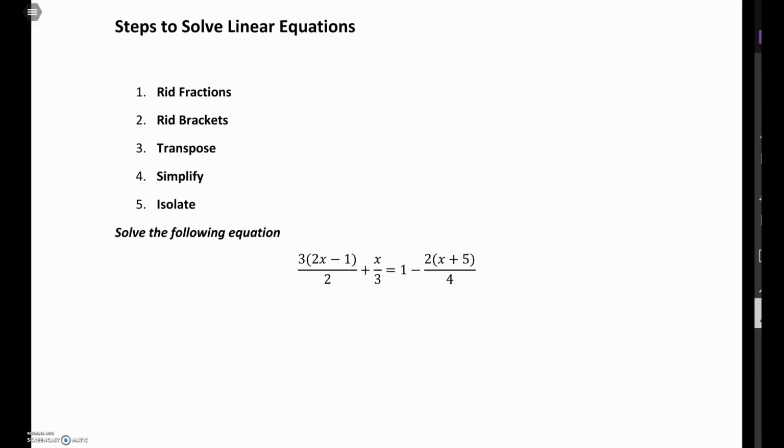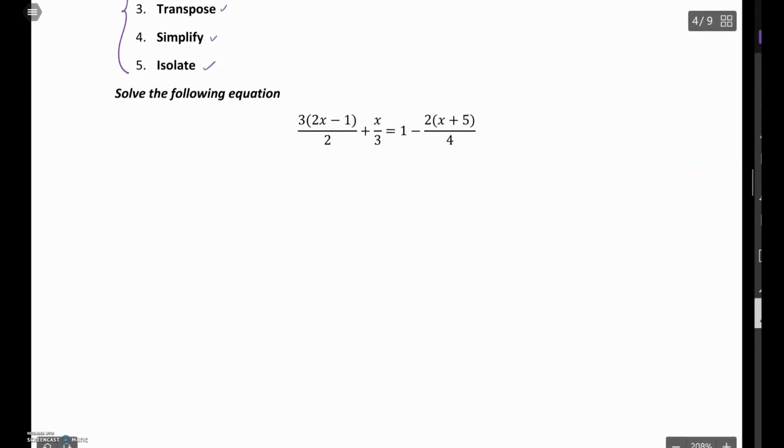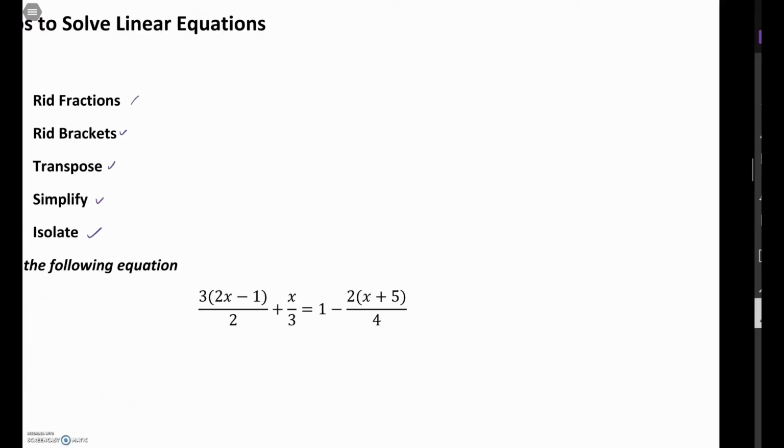Here are 5 steps that we use in solving a literal equation. Now, you have done all these before. You isolated a term, you simplified, transposed, and you got rid of brackets. Now we're going to be involving getting rid of fractions. So if you look at this equation here, you've seen this equation before.